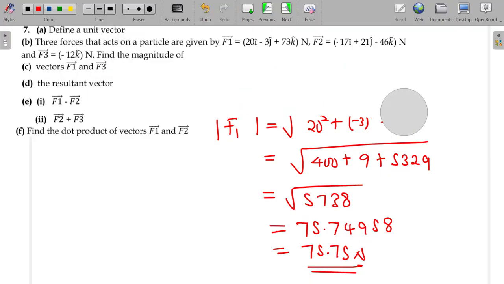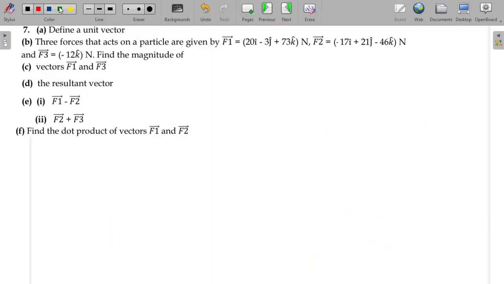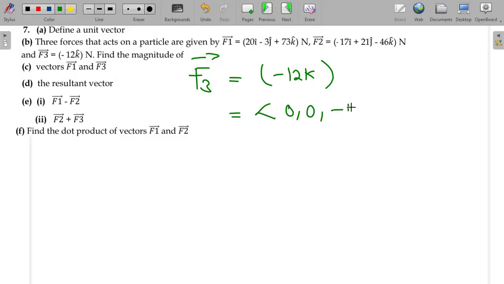What about the magnitude of vector 3? F3 has been given as just minus 12k. So it means that the i and the j components are 0. This will be the same as 0, 0, and then minus 12.